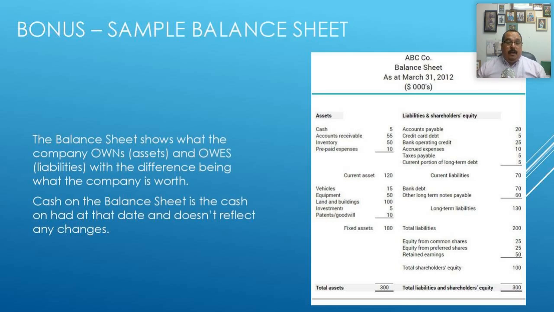So the balance sheet shows what the company owns as assets: cars, trucks, automobiles, planes, and what it owes: bank loans, credit cards, etc. The difference is what the company is worth. So when we do a grant and a loan, for example, there's equity, and there's a loan for a vehicle.